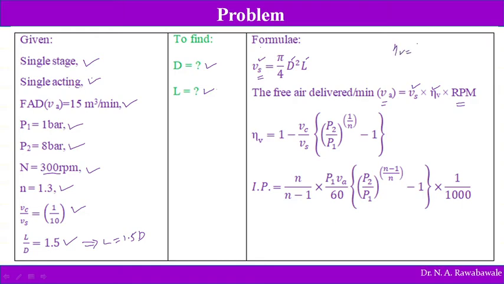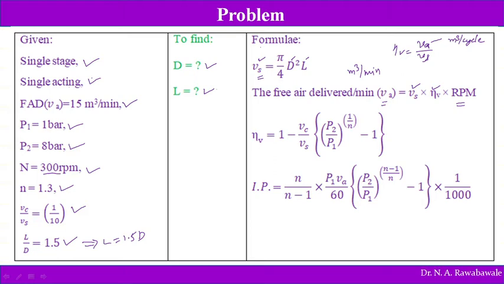Volumetric efficiency is equal to VA divided by VS. Actually the unit of VA is meter cube per cycle, but here the free air delivered VA is given in meter cube per minute. If we multiply meter cube per cycle into cycles per minute, then we get meter cube per minute.